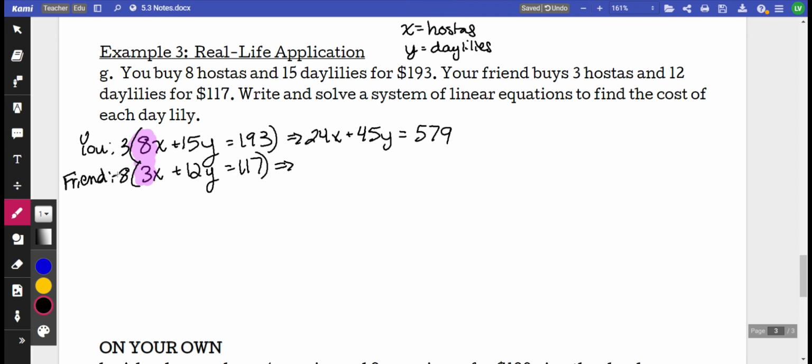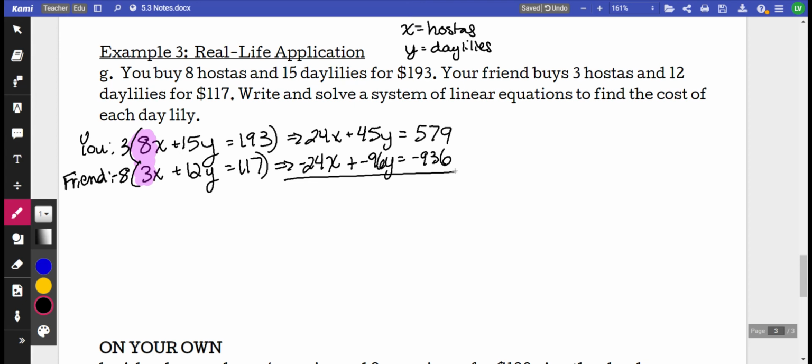But I'm actually going to multiply by negative 8, so that way I have my opposite sign. So negative 24x plus 12 times negative 8 is negative 96y equals 117 times negative 8 is negative 936.